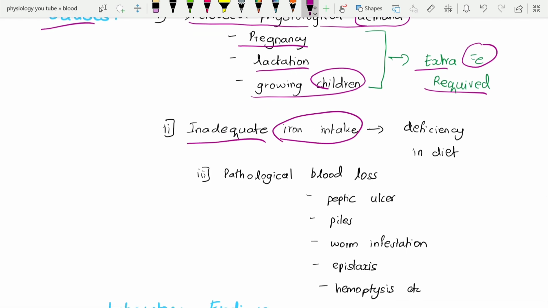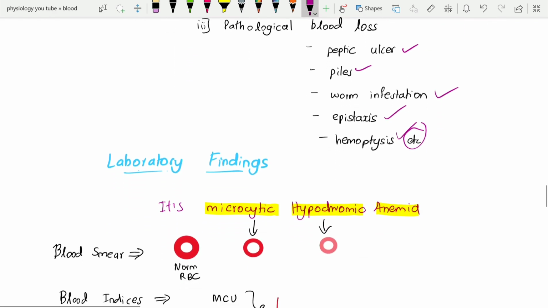Inadequate iron intake, that is, deficiency in the diet. Pathological blood loss: peptic ulcer, piles, worm infestations, epistaxis and hemoptysis. There are some more conditions where it is pathological.